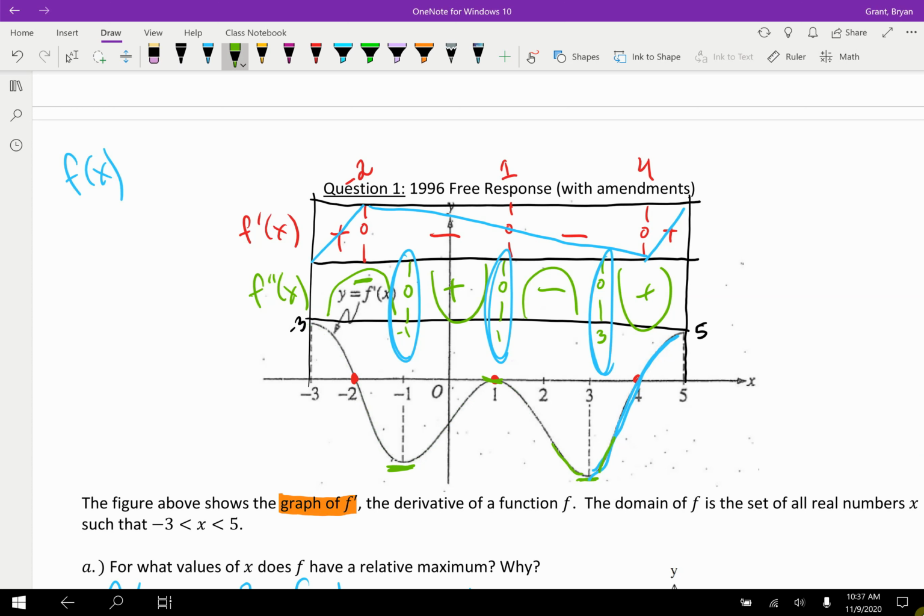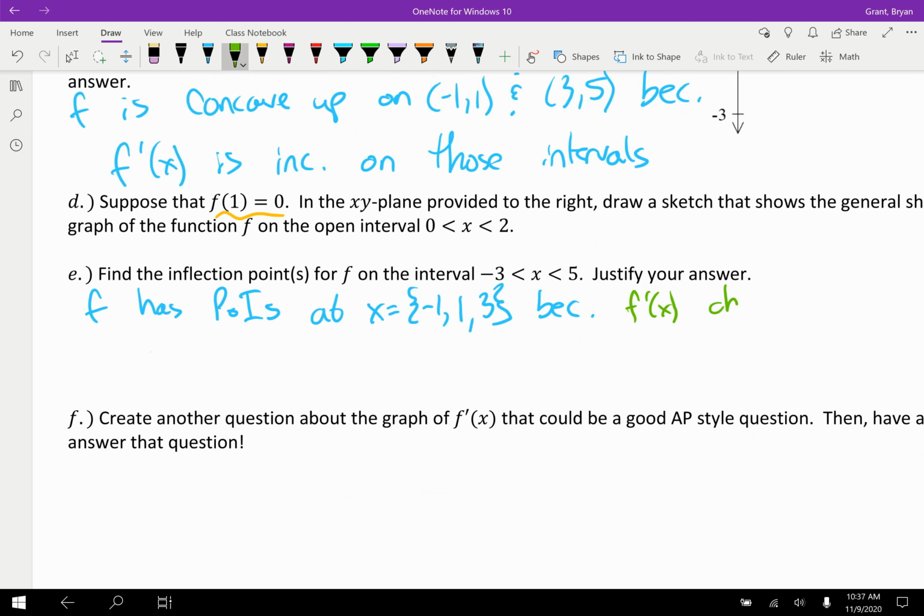I would say something like, because f prime of x changes from increasing to decreasing, or vice versa, at those points. You might not even have to rewrite them, but better safe than sorry, and that would be fine.